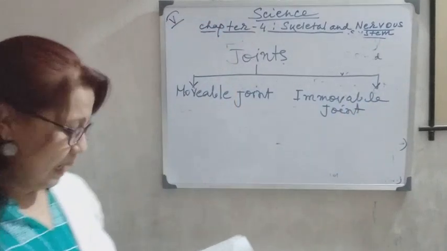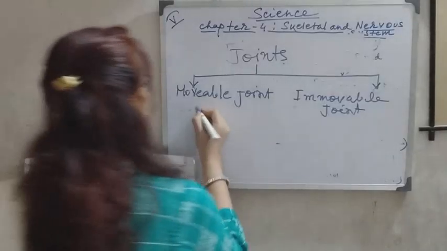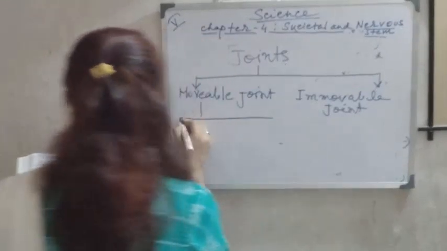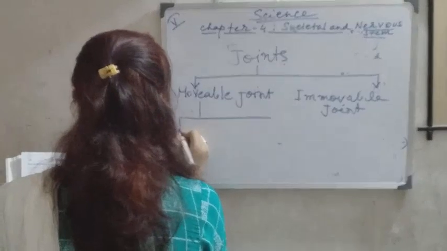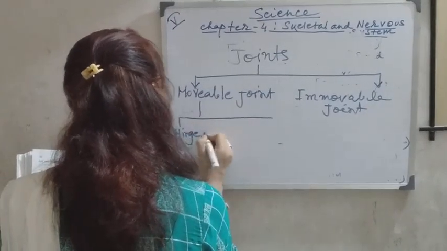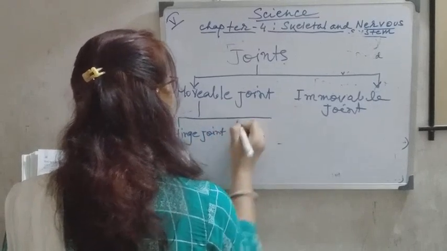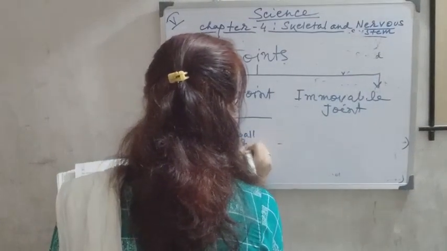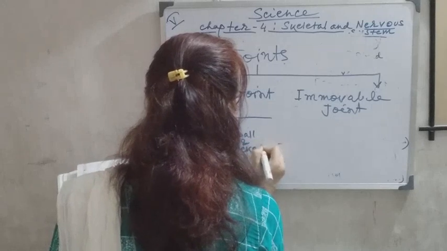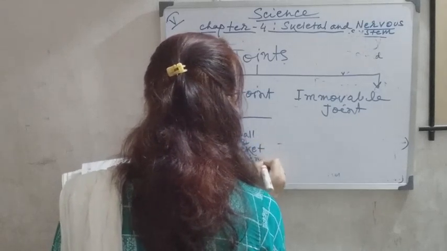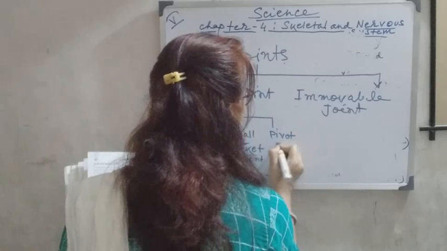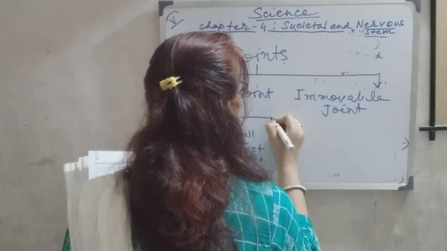There are also some parts in movable joints: hinge joint, next ball and socket joint, next pivot joint, and the 4th is gliding joint.